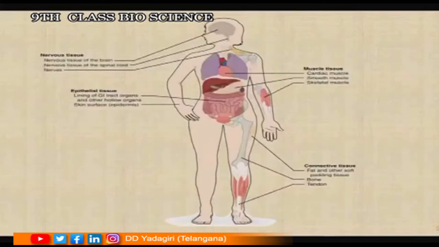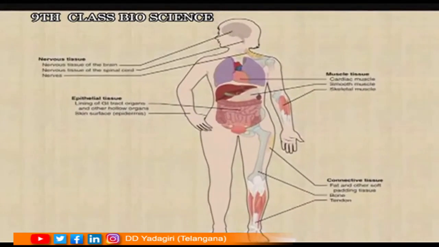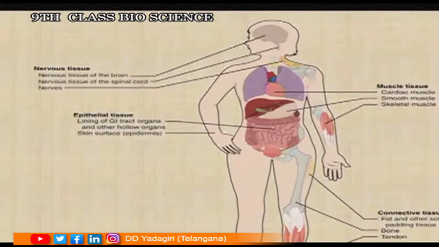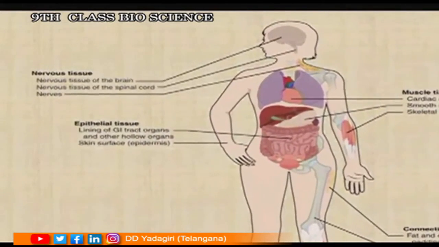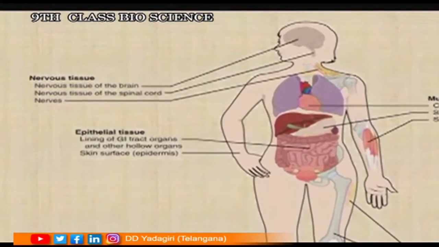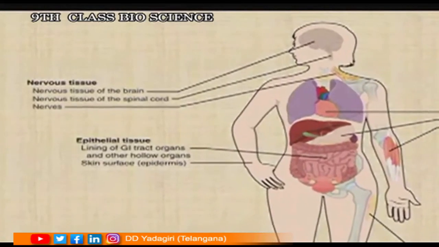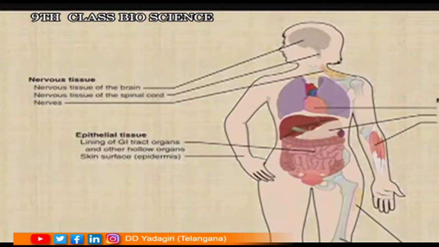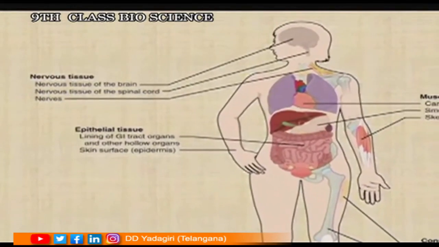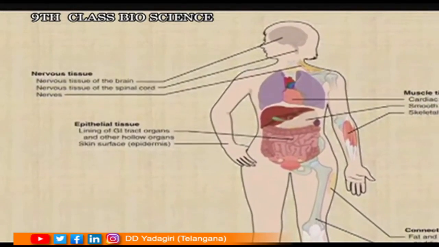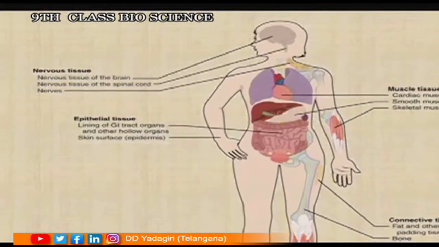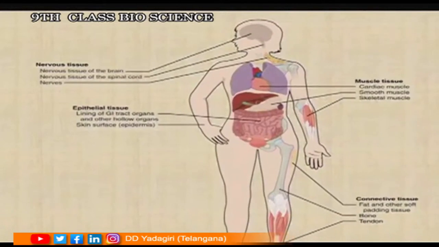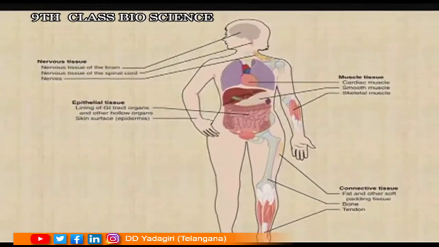As we know, our body is made up of different organ systems such as the digestive system, respiratory system, circulatory system, excretory system, muscular system, nervous system and reproductive system. All these organ systems perform different functions. Each of these systems is made up of organs, and these organs are made up of tissues.